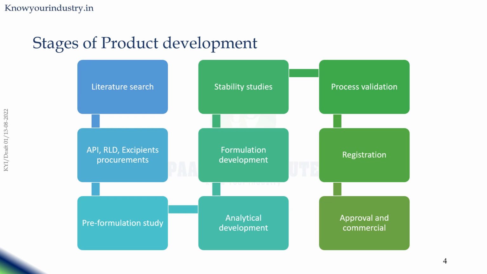They may give an approval as per the predefined timeline. Once you get an approval, then you can get into the commercial of your product. This is the overall chain involved in any product development, whether it is an injectable, or a formulation, or tablets, or sterile products.